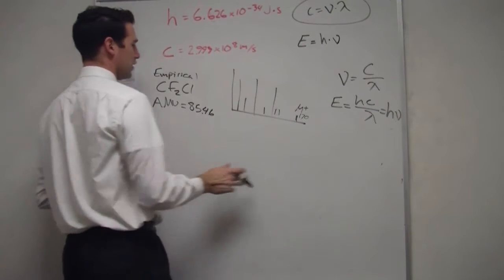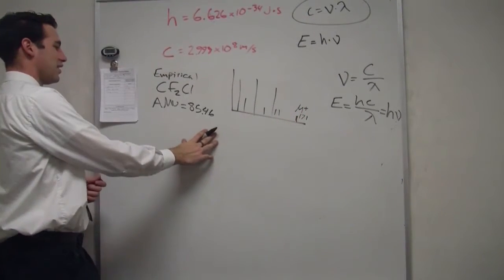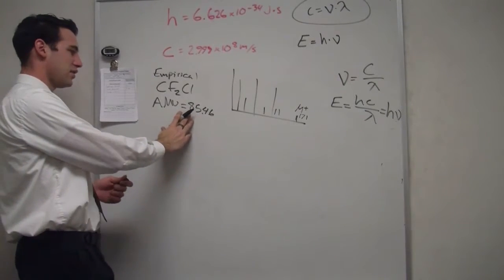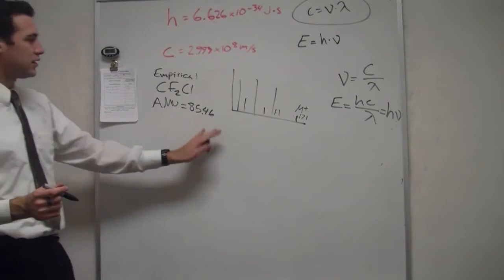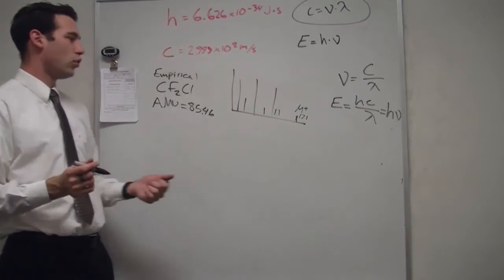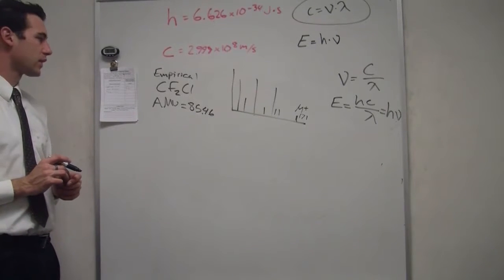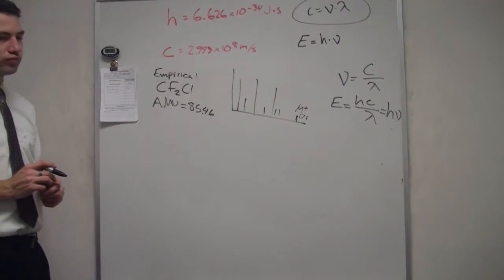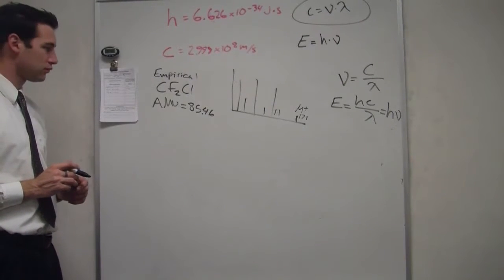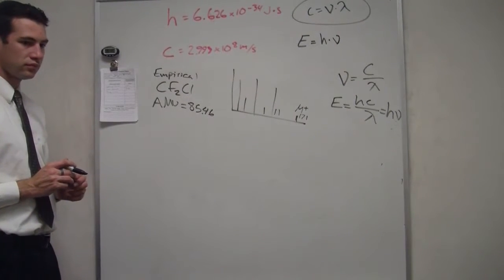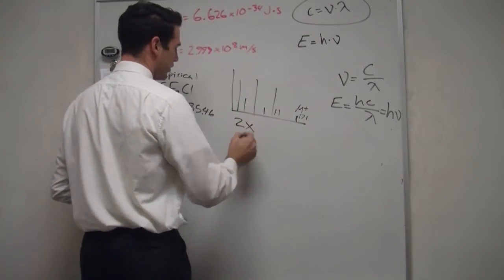If we compare this to that, we just need to see how many times this fits into that, and then multiply our formula accordingly. So 170 divided by 85, that's 2. So we're going to multiply it by 2.